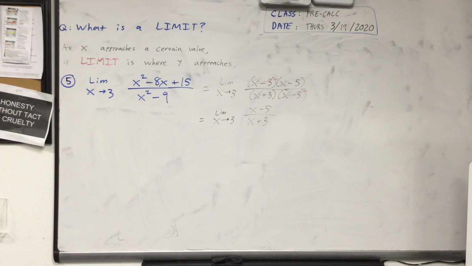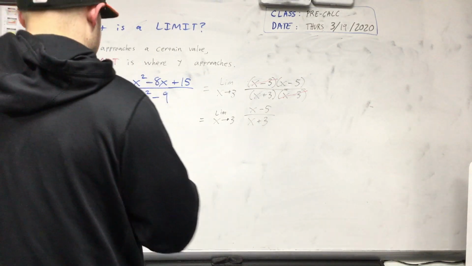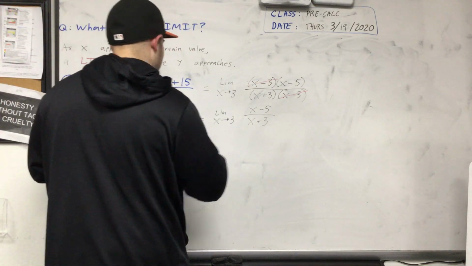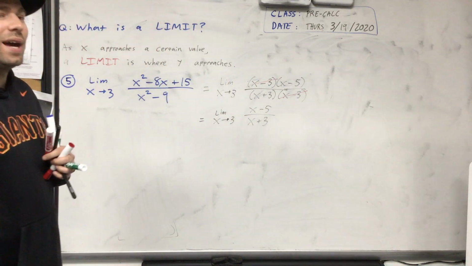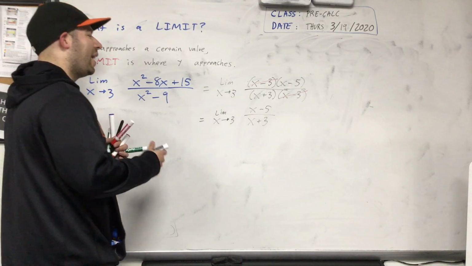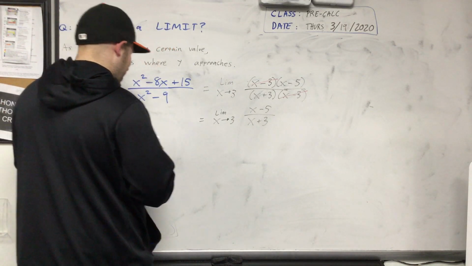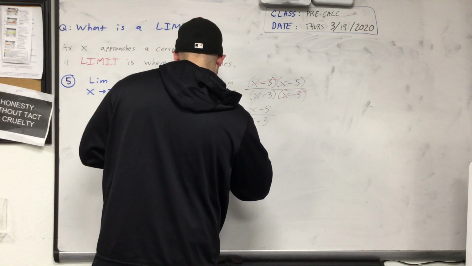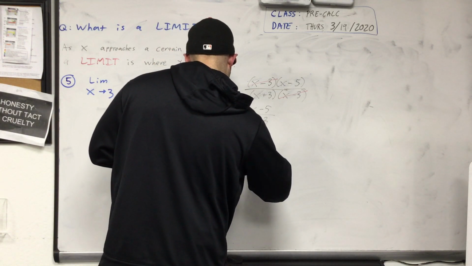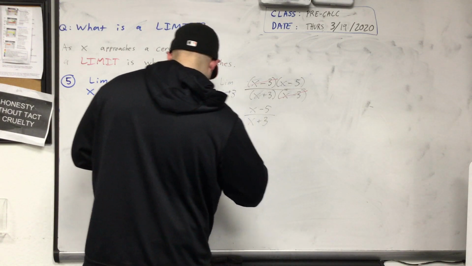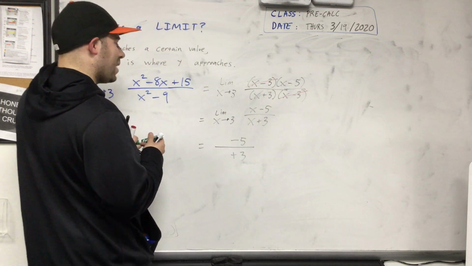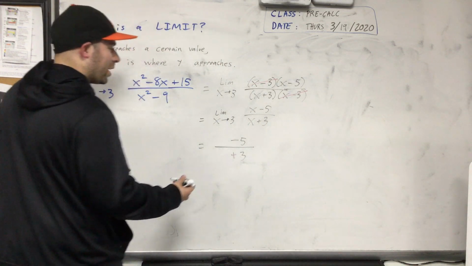All right. So now, is it legal for me to plug in x equals 3? Yes. So I'm going to do that now. By the way, you have to keep writing lim as x approaches 3 until you actually plug it in legally. So you've got the limit as x approaches 3 for x minus 5 over x plus 3.